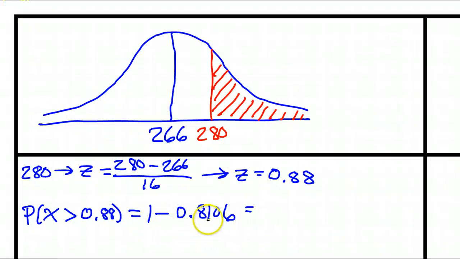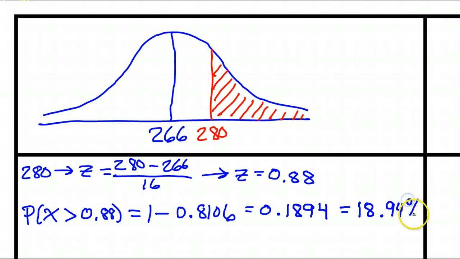Okay, put that in your calculator. That is 0.1894, which is the same thing as 18.94%. And that's going to wind up being the answer to our question. Okay, but we're not done because we still have to draw a picture and make a sentence.